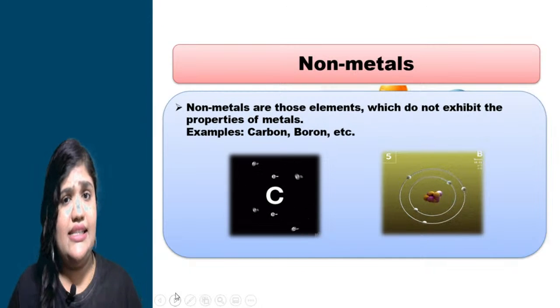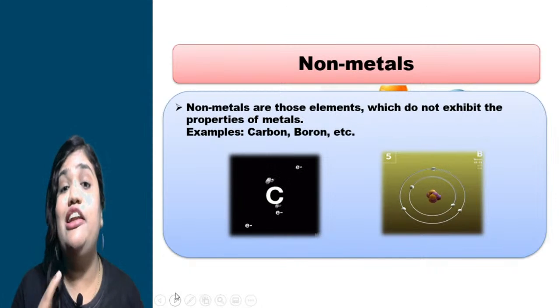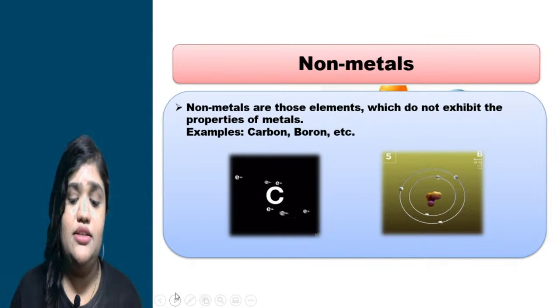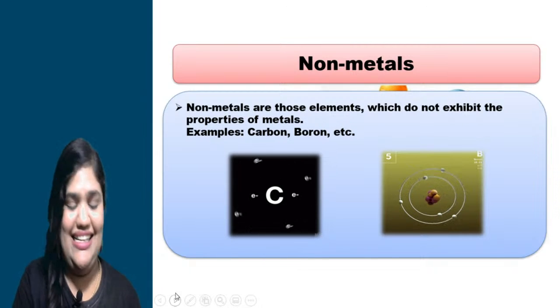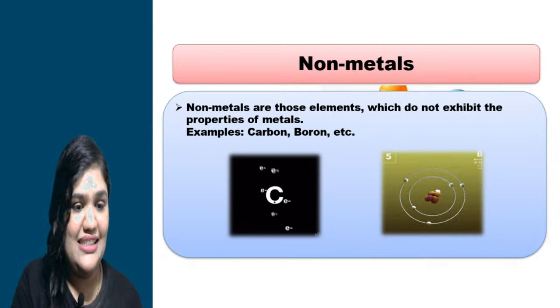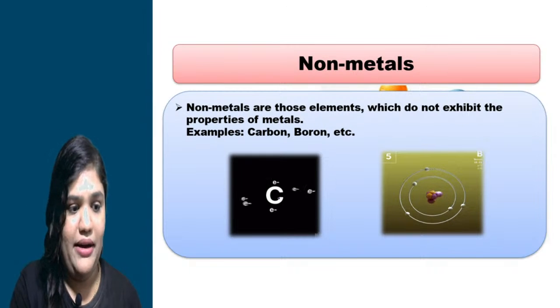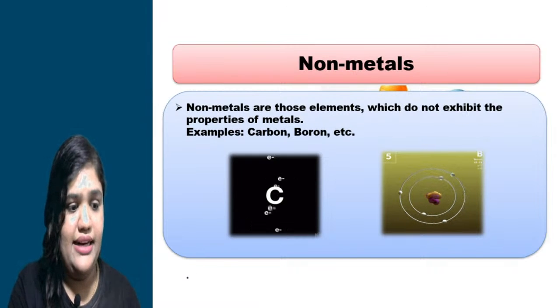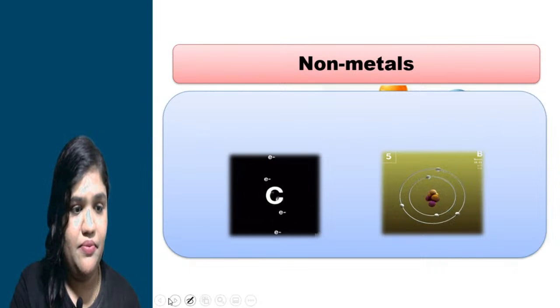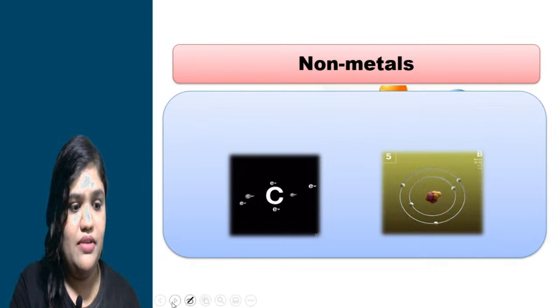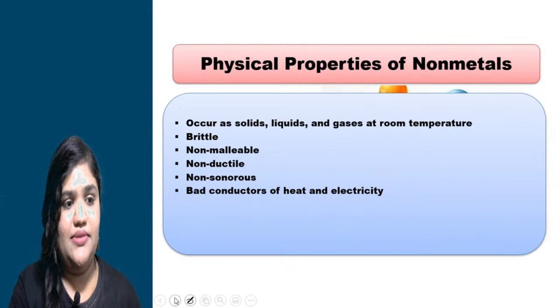Now let's discuss what are the physical properties of non-metals. And yes, everybody, there are also some exceptional cases that we are going to discuss regarding non-metals. But first of all, let's discuss the physical properties of non-metals.